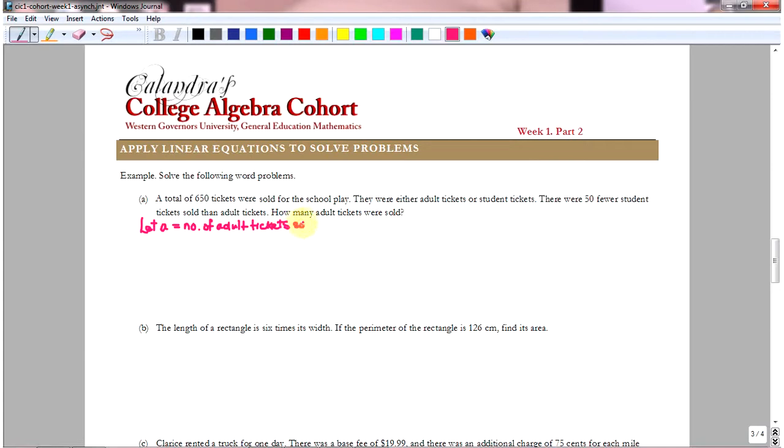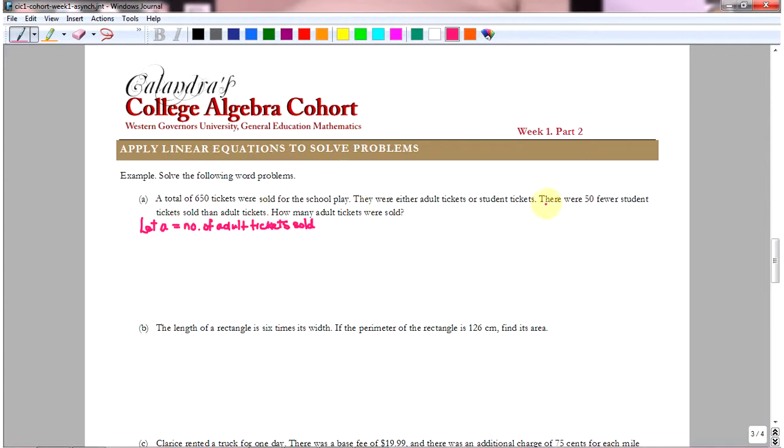You could have used X, but sometimes using a more descriptive variable is easier because it makes it easier to remember what it represents as you're going through your problem. So we have A as the number of adult tickets sold.